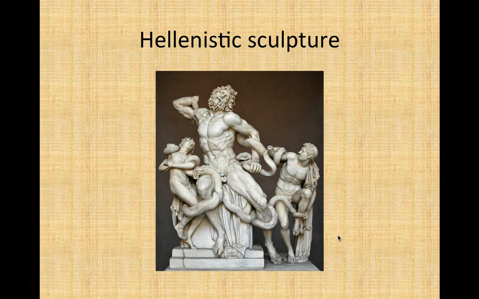Maybe my favorite sculpture from the Hellenistic period is this one. This is from mythology. This is the sculpture of the figure called Laocoon, who was the priest of the Temple of Apollo at Troy, and he tried to oppose the Trojans, according to the mythological story. He tried to get them to not bring the horse into the city of Troy.